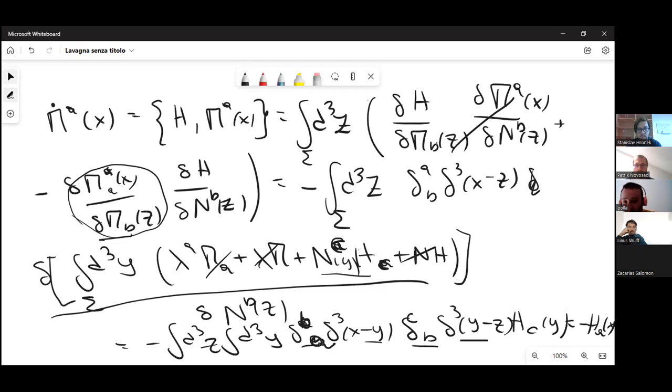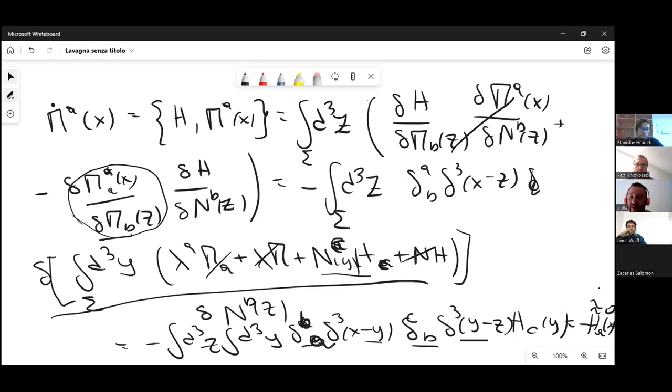And this, as we said, by consistency, has to be zero. Sorry, weakly zero, so only on shell. So that's why this is another constraint coming out from the consistency of the evolution of the momentum, which is not a dynamical variable.